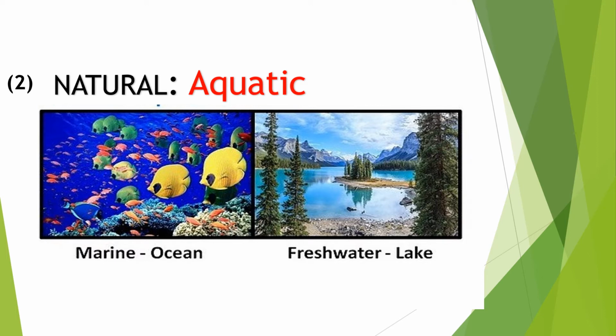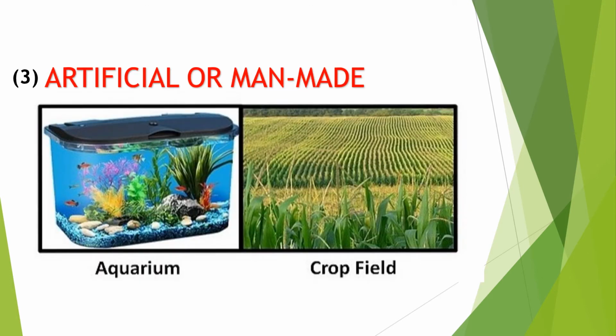Second is natural aquatic. Examples are marine, oceans, freshwater, lake. Third is artificial or man-made. Examples are aquarium and crop field.